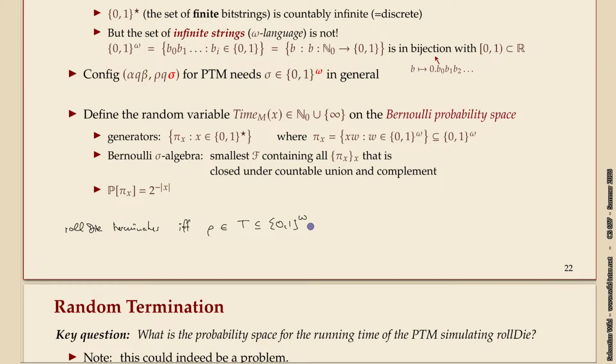And we can now, with this Bernoulli probability space, talk about the measure of that set T. And you can re-express that using these prefixes. And the prefixes nicely turn into the cases where the algorithm terminates.